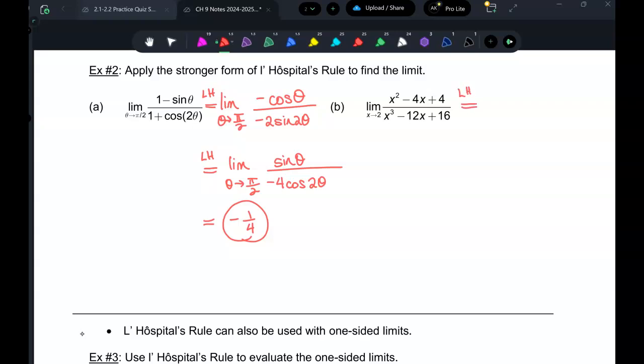If we plug in 2, I assume we're going to get 0. 8 here and minus 8 here. So L'Hopital's rule, again, you can try to factor this, but it's much faster to use L'Hopital. We get 2x minus 4 over 3x squared minus 12.